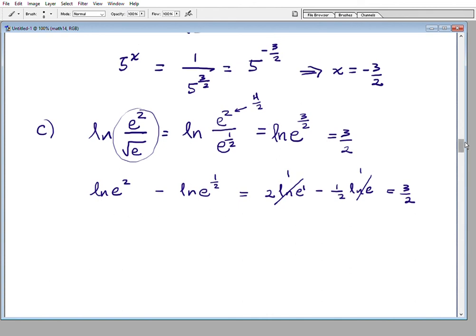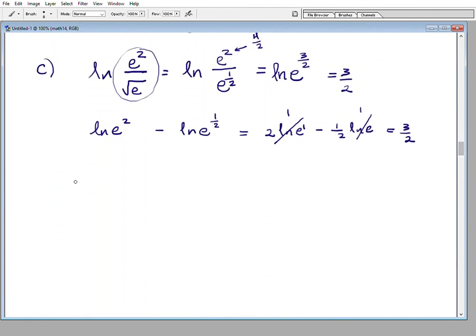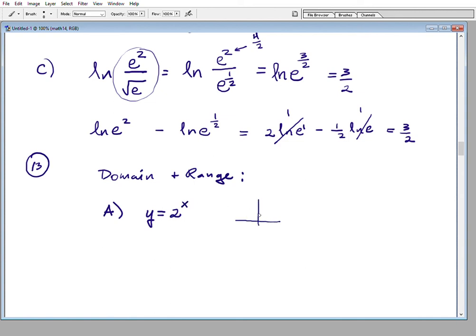Let me just see what number I'm up to. Let's see, 13. Okay, let's say domain and range. First, let's say for y equal 2 to the x. So you should know what the basic graph looks like, and that will help you with the domain and the range.